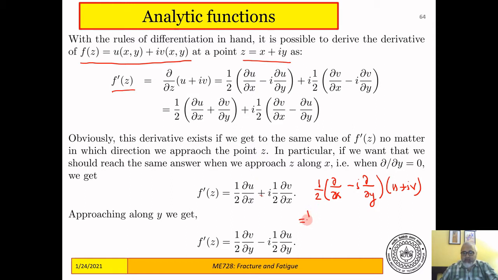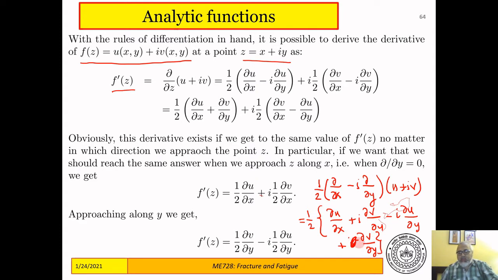You get half (∂u/∂x plus i ∂v/∂y, minus i ∂u/∂y, minus i squared ∂v/∂y). So minus i squared is minus 1, so this becomes plus and this disappears. This is what you get.